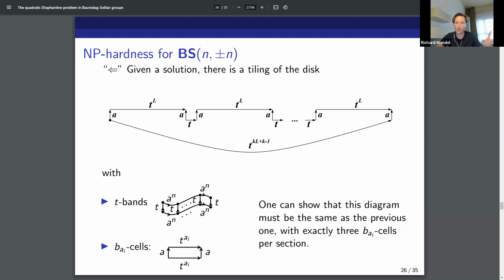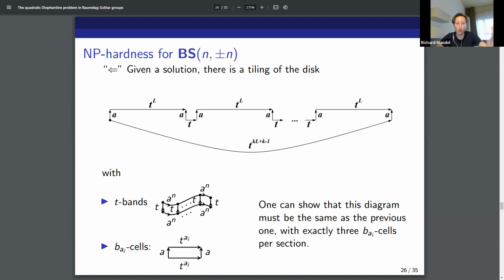And because of the constrained geometry, it turns out that there's only one possible thing that can happen. First of all, each of the isolated T letters has to be connected by a T band to the bottom of the diagram, and all of the sub-diagrams that this will form must be filled with exactly 3 of the B cells.